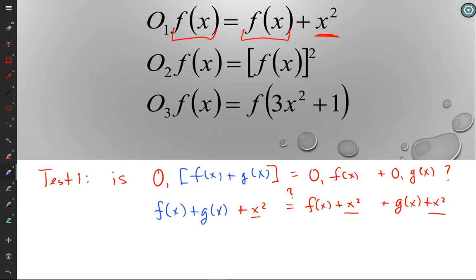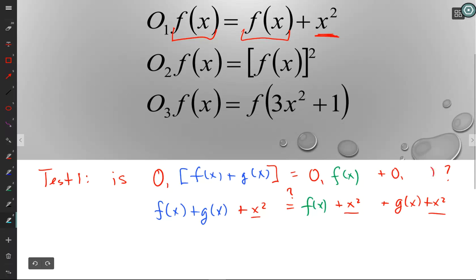And so doing the next one, the operator acting on the f of x gives me the same f of x plus the x squared that you get from the operator. And then my final color change, hopefully this is a color we can read.